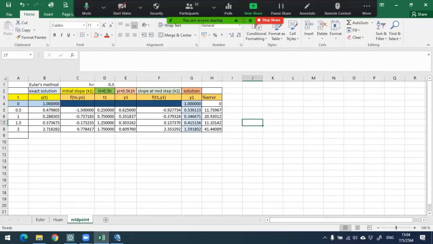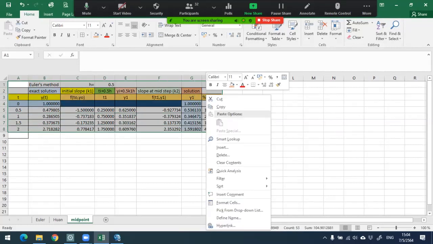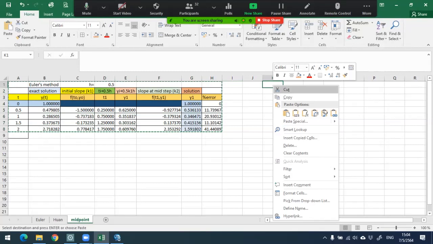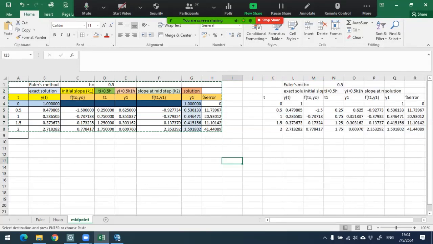The solution of midpoint, you see that it is the same. It produces an error at the final time step. At the final time step, the error reaches 41%. That is not good enough. So what happens for a smaller time step? If I set h to 0.1, the solution should be better.